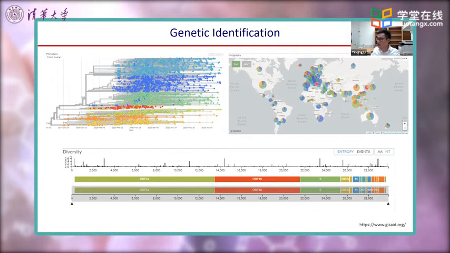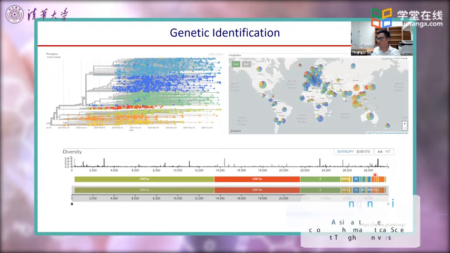Very importantly, this tracking of the evolution of the virus allows us to see the mutations that are generated over time as the virus keeps on spreading. And so we can know how fast it is mutating and in which gene it is mutating. This is very important for drug design and for designing reliable detection methods.